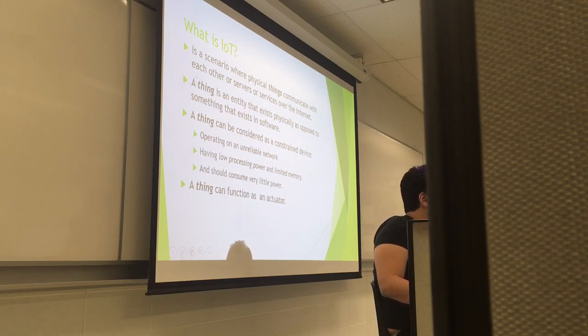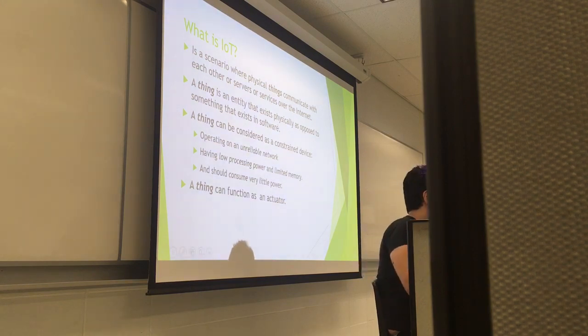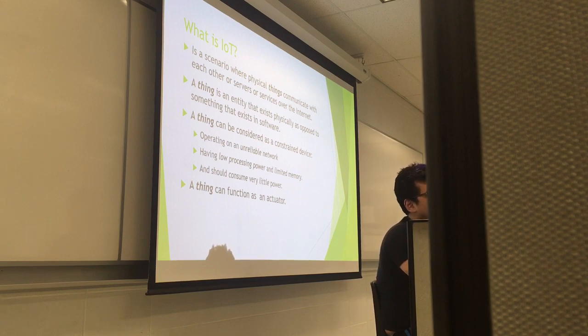And what's the definition of a thing? A thing is an entity that exists physically, as opposed to something that exists in software. So basically, some sort of hardware that's on the location itself. Okay. And this thing usually has some sort of constraints that are different from smartphones and computers.